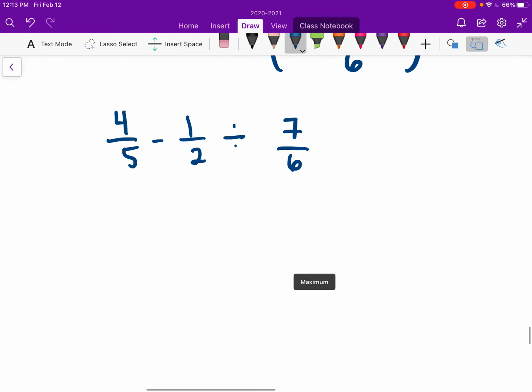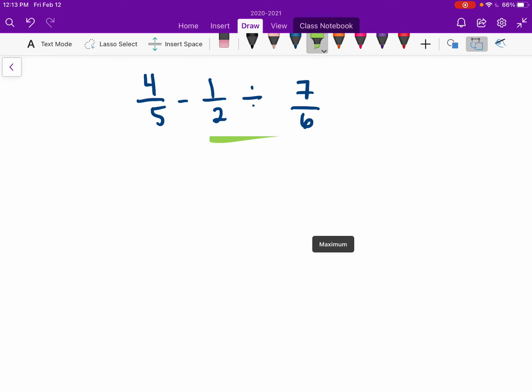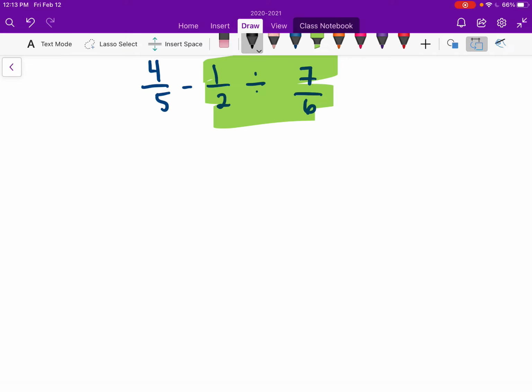So now, BEDMAS. We did brackets, we did exponents, we didn't have any. We're going to do division or multiplication. So we have to do this first. You cannot do 4 over 5 minus 1 over 2 first. You have to do this part of it first. So let's do that. We're leaving the 4 over 5 as is. We're not going to touch it.